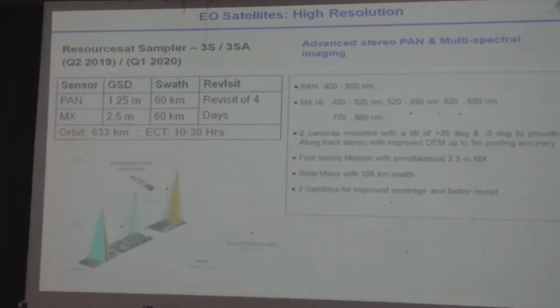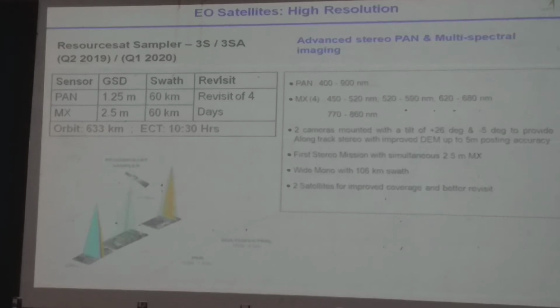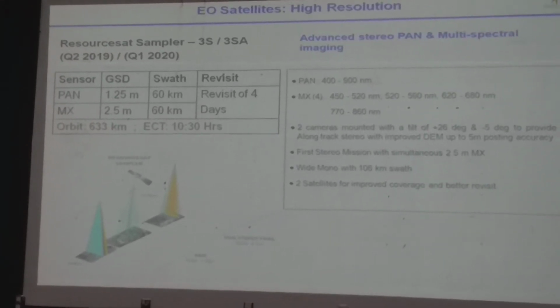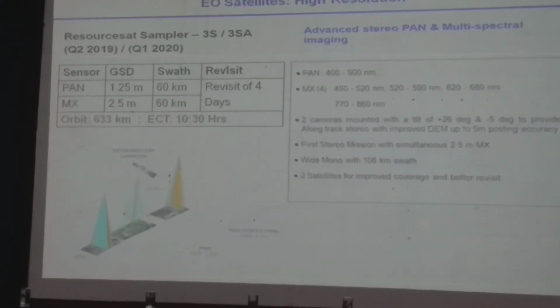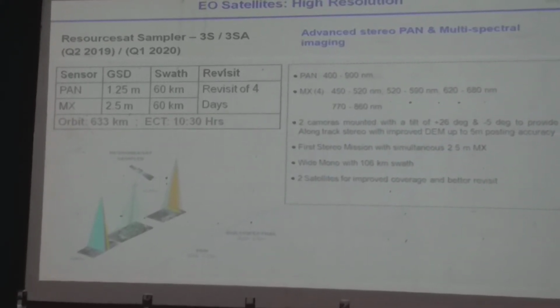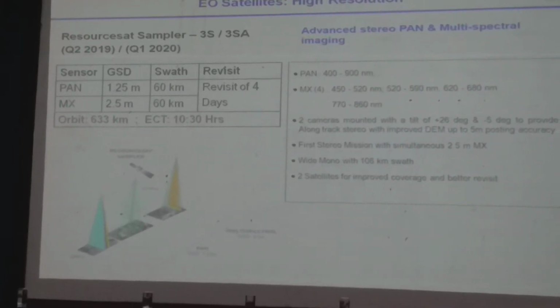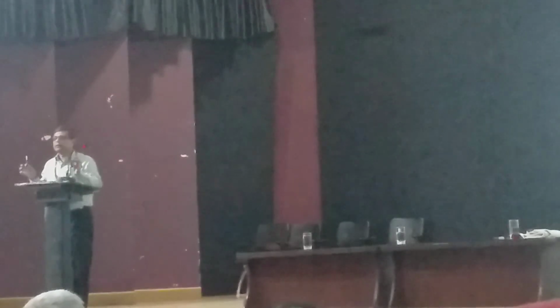Two objects can be differentiated if they are placed apart by a certain distance. If they come closer, the objects cannot be differentiated. So the minimum distance between two objects that the satellite sensor can detect is called the spatial resolution.